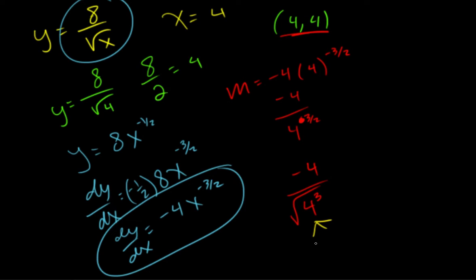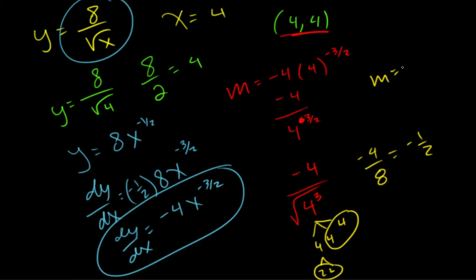We break that up, that's 4 times 4 times 4. That pair can come out, and then this is a 2 and a 2, so that can come out, so it's 4 times 2, so it's 8. So negative 4 over 8, and so we end up with negative 1/2.